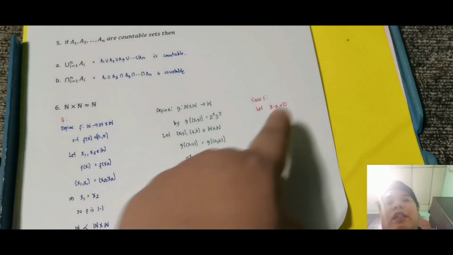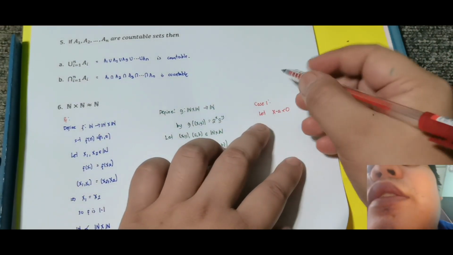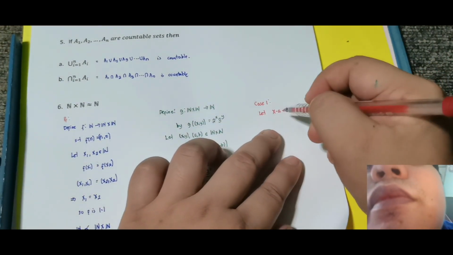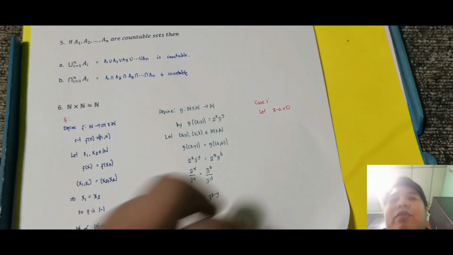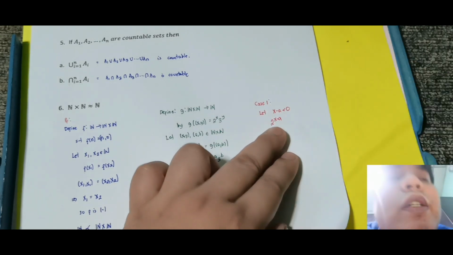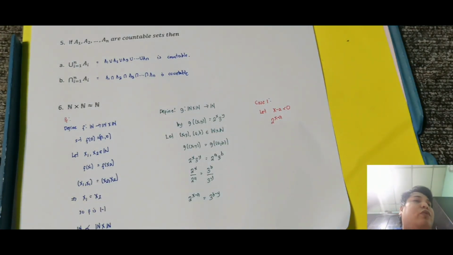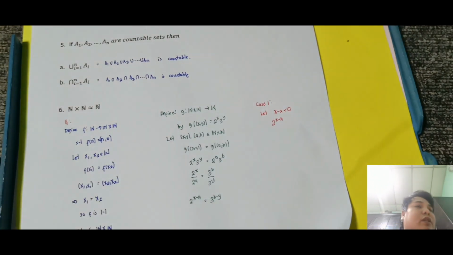So kung less than 0 yun, therefore si 2 raised to X minus A, ano magiging value nun, no? Yung 2 raised to X minus A, imagine mo kung yung X minus A is less than 0, that is negative yung exponent. Meaning, kung negative yung exponent, that's gonna 2 raised to negative 1, 2 raised to negative 4.